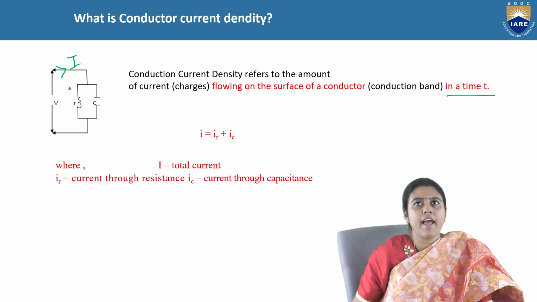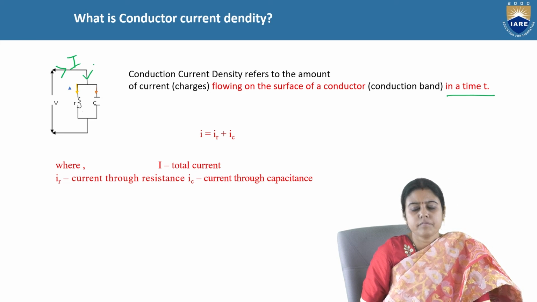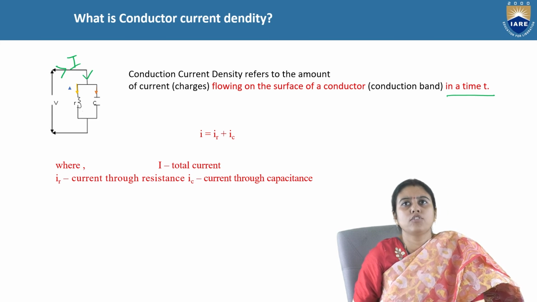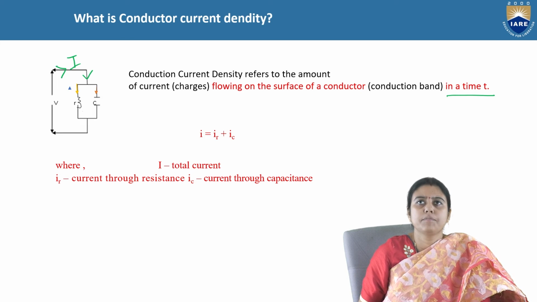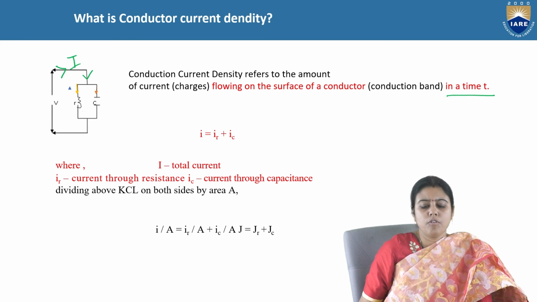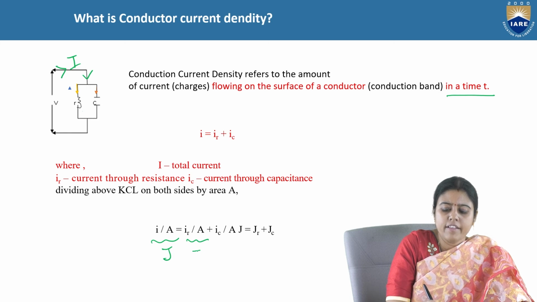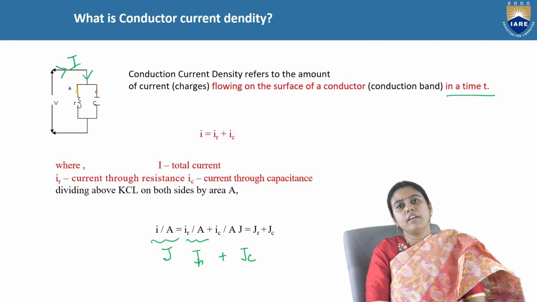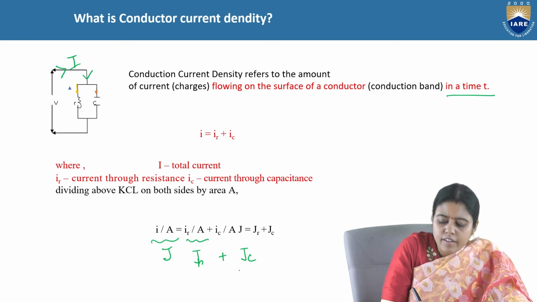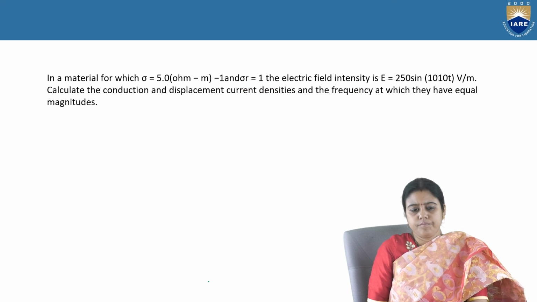Another part is the IC. Total current I has two parts. IR is the conduction current and IC is the displacement current. So if we divide everything by A, I by A is equal to J. IR by A is known as JR and IC by A is the JC. What is the meaning of JC? This is the displacement current, and this is the conduction current.